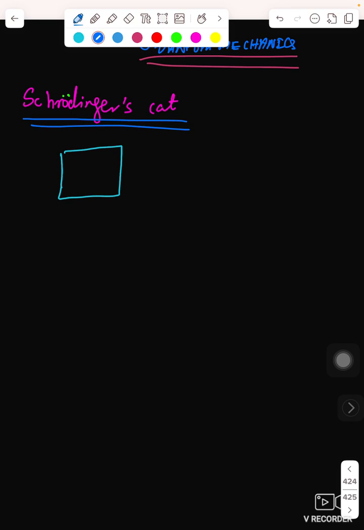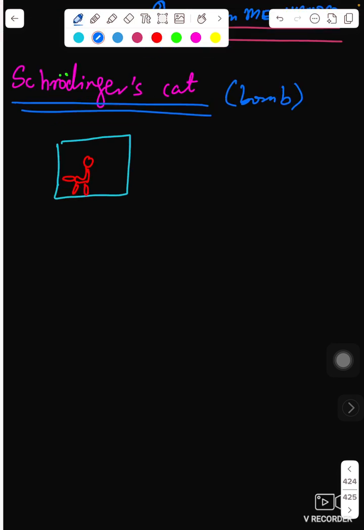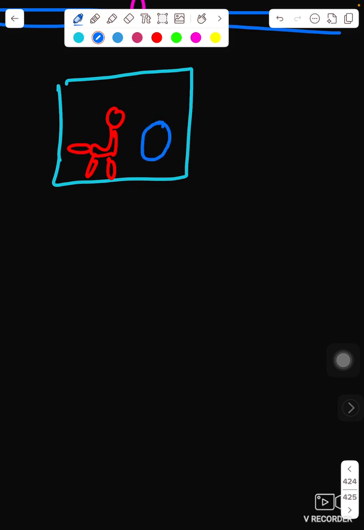So here what I will do is that I'll use a bomb. Yes, I'm gonna put the cat in a box with a bomb, which has a 50-50 chance of exploding and not exploding. So this kitty cat, that's a horrible drawing, is in a box with a grenade, and this bomb has a 50-50 chance of exploding.